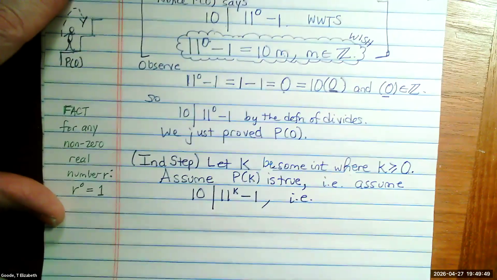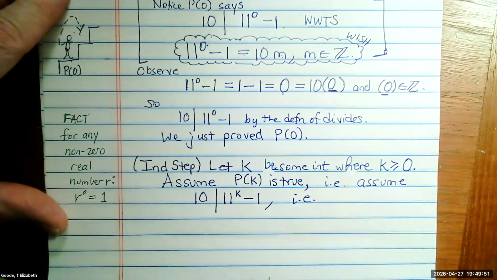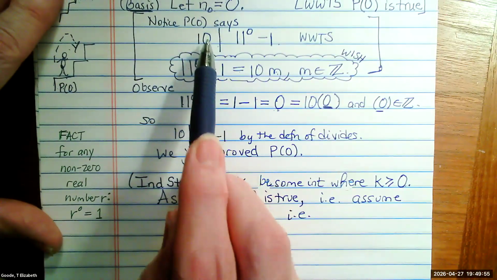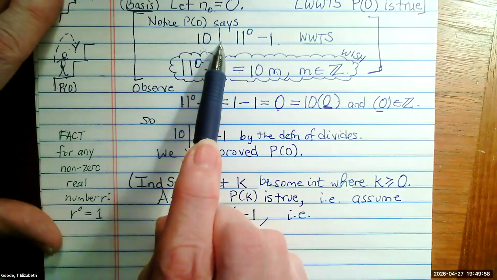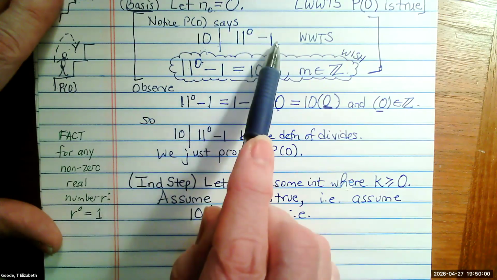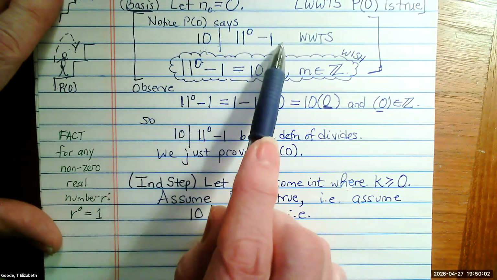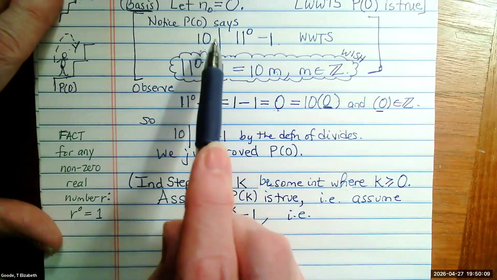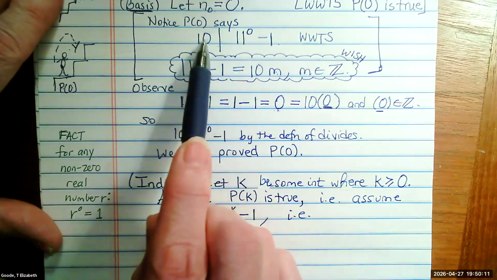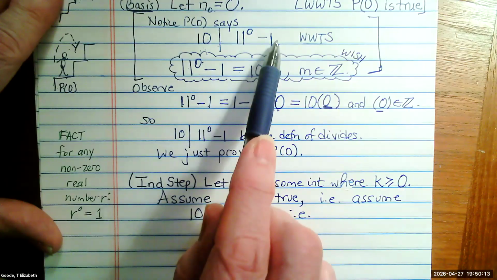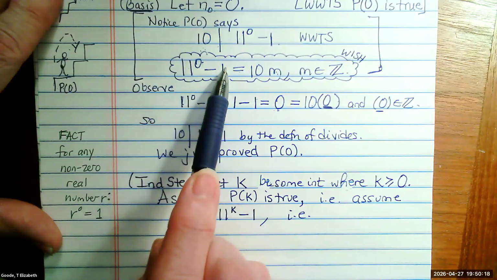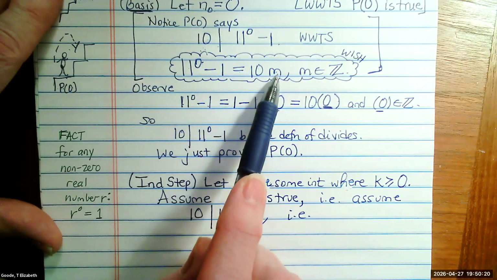Now let's change that into an equation using the definition of divides. Remember, in our wish for P of 0, the wish was that 10 divides 11 to the 0 minus 1, but that's not a very helpful wish. We wanted to change it into an equation because equations are always like our proof money. So we wished that 11 to the 0 minus 1 was equal to 10 times an integer.